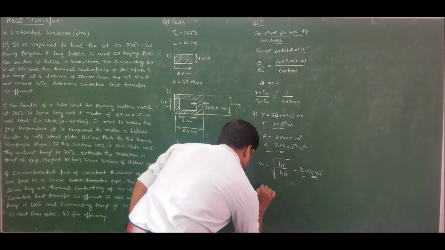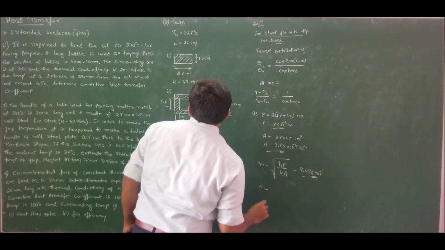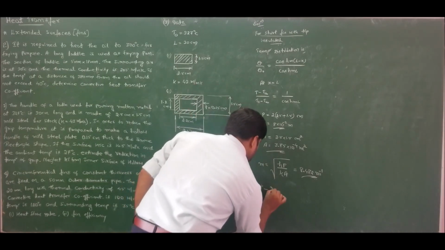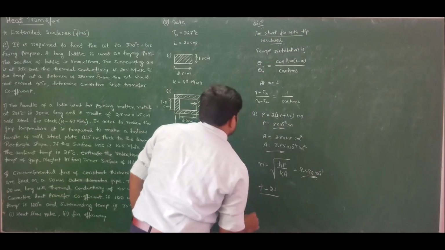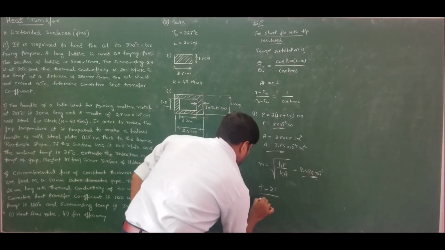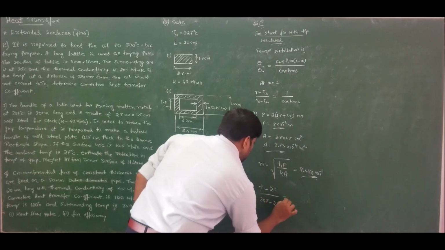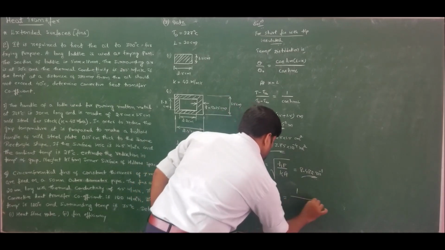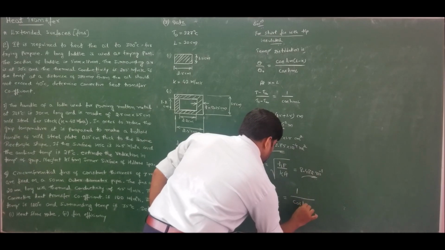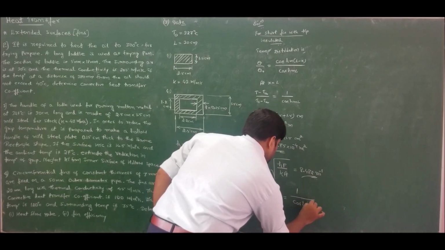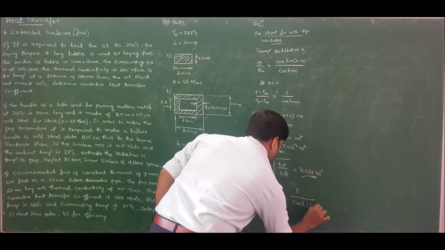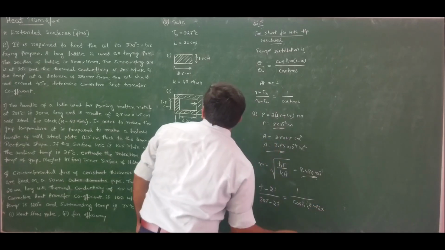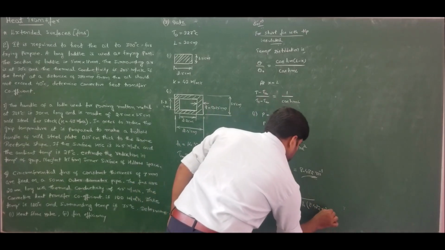So therefore, substituting to this equation and solving, I will get the value of temperature T. T minus T infinity, where T infinity is 27 and the base temperature is 327 minus 27, is equal to 1 by cos hyperbolic of m, which is 8.482, into L, which is 0.3 meters.